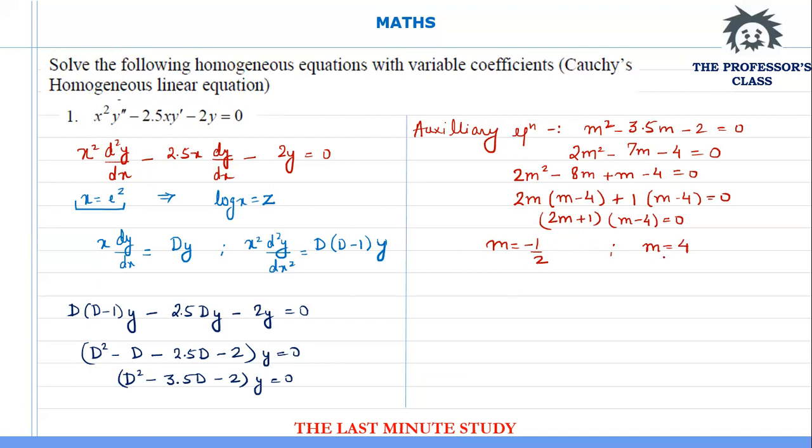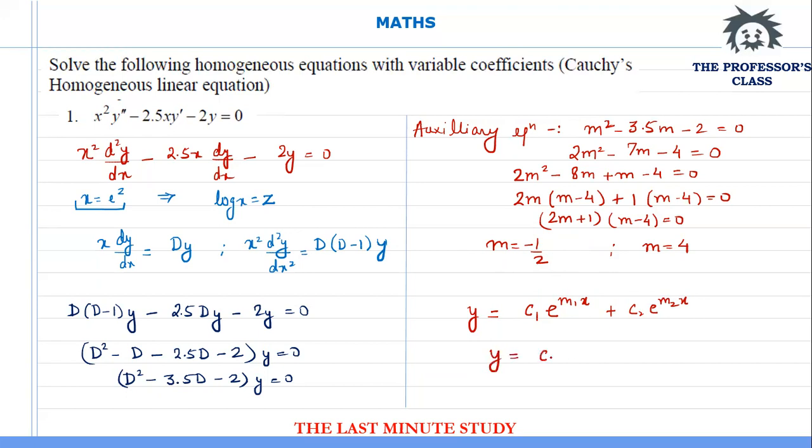Since I got the two roots, I can easily substitute them into the solution, which is c1 e raised to m1 x plus c2 e raised to m2 x. This thing we have seen earlier in tutorial 2, and this is applicable only for the cases where m1 and m2, the two values of m, are not equal.